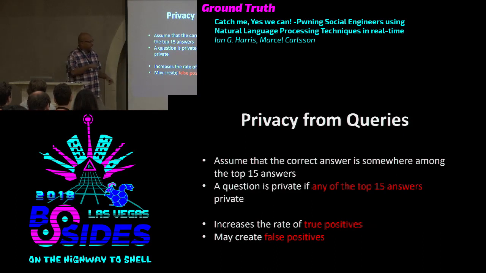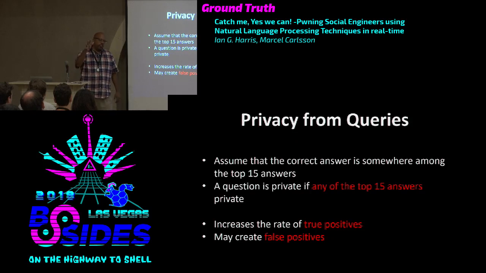But it may increase the rate of false positives, because maybe this thing isn't actually private, but one of the other 14 has an answer which is private. That's possible, but extremely rare. Remember, there's a database of facts in the world. This tool uses like 15 million facts, and we have like 100 private ones.